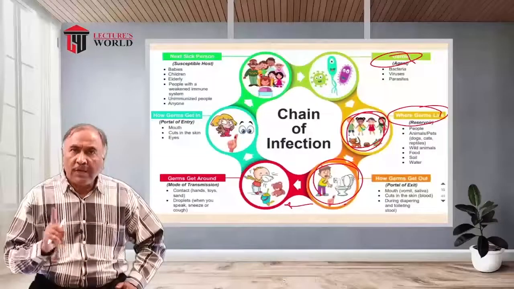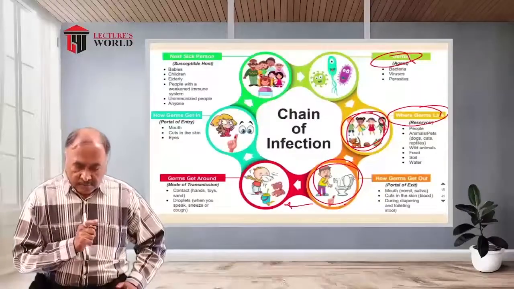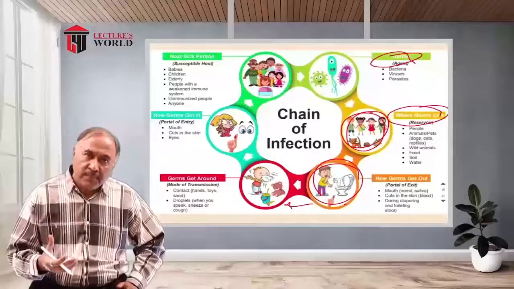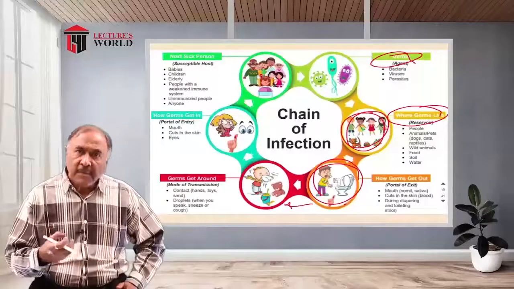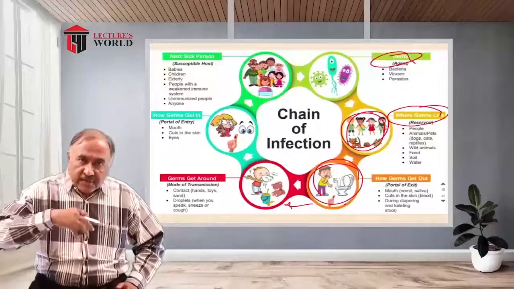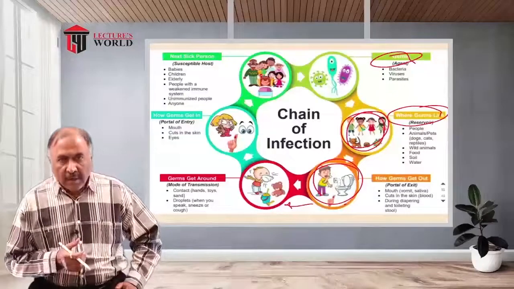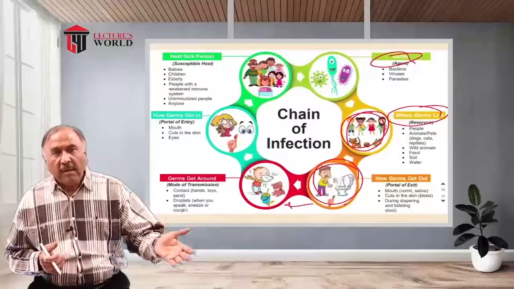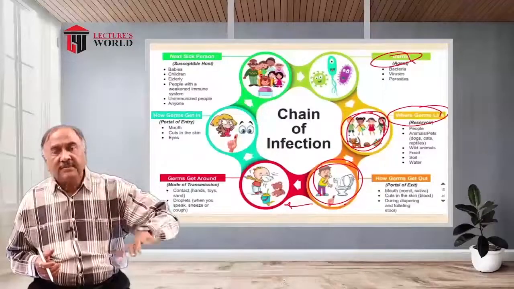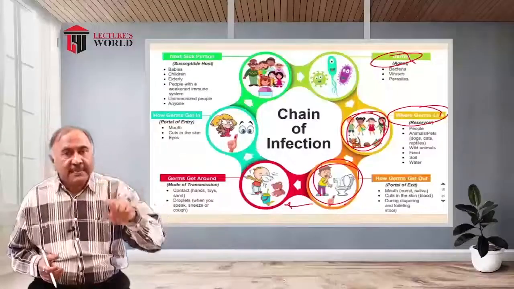I told you the 3 I's: inhalation, ingestion, and injection. Now once the organism, through any of these portals of entry, is successfully able to reach the new host, there it should be able to establish. To do this, what is necessary is that the host must be susceptible.